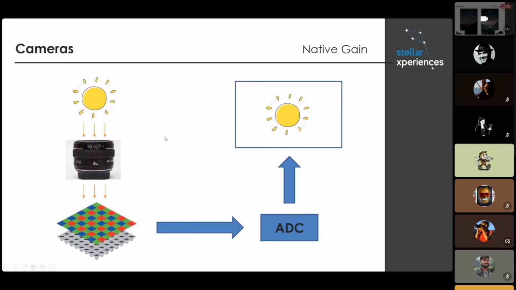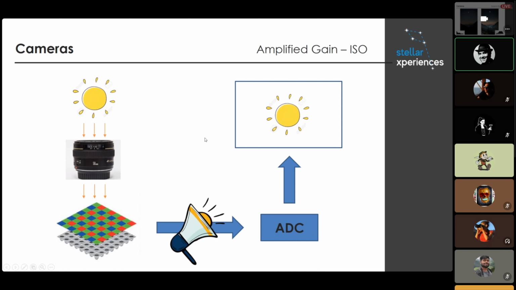What you do is, here you can see some light coming through the lens, and it hits your sensor, and it goes to the analog to digital converter, and it creates the image. But once you dial your ISO from, let's say, 200 to 400, like I said, you're not doubling your pixel size so they would be more sensitive to light, or doubling your full well depth so your pixels could collect more electrons, or increasing the number of photons that hit your sensor.